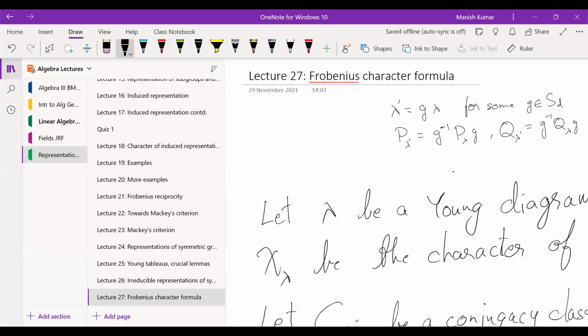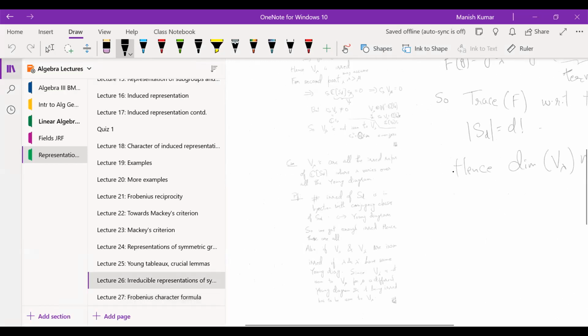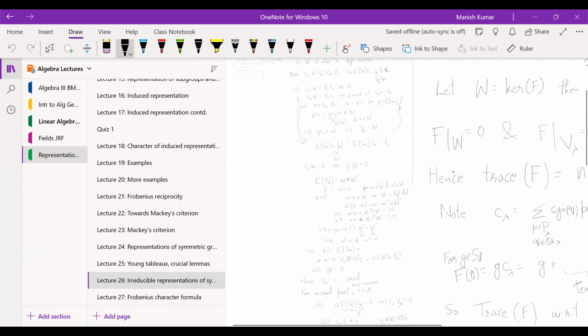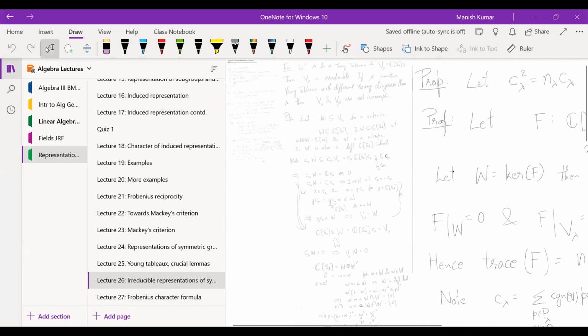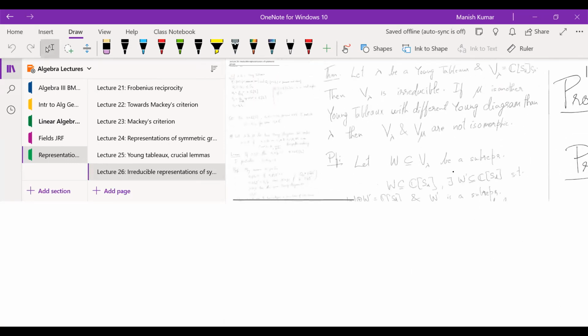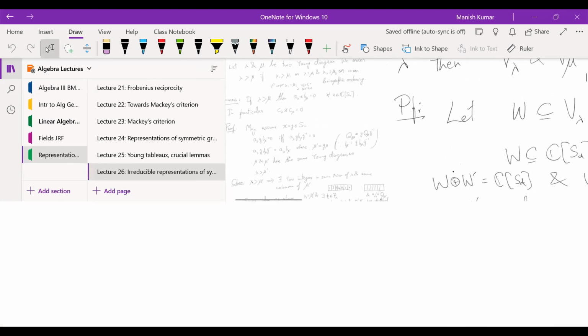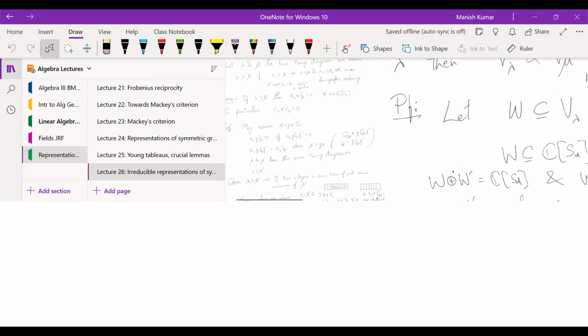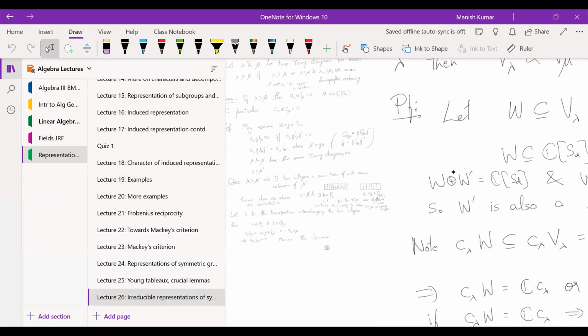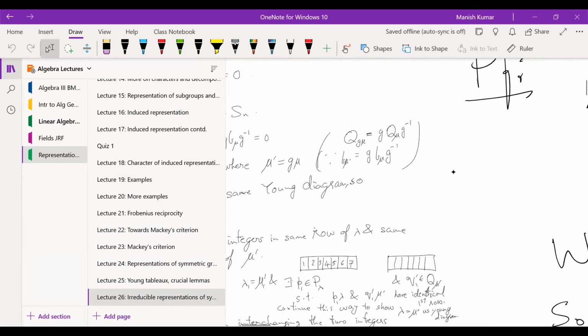Yesterday we saw this identity in the proof of this lemma: Q g alpha is g, so it's the opposite of this, and Q g mu is g Q mu g inverse.